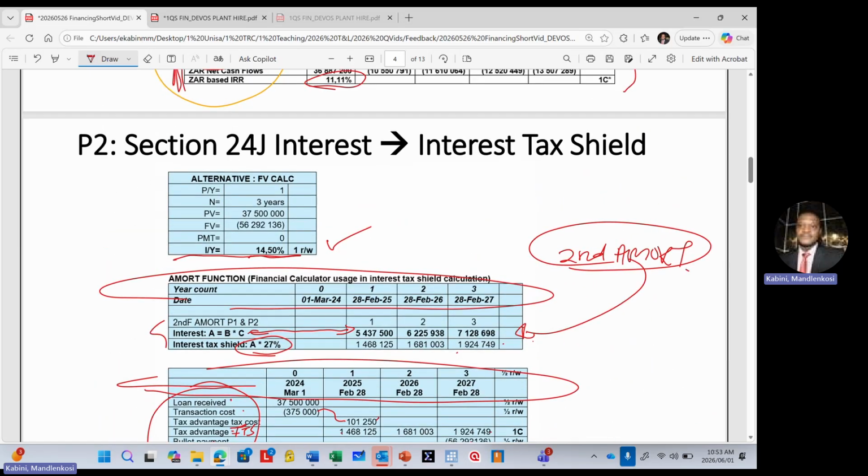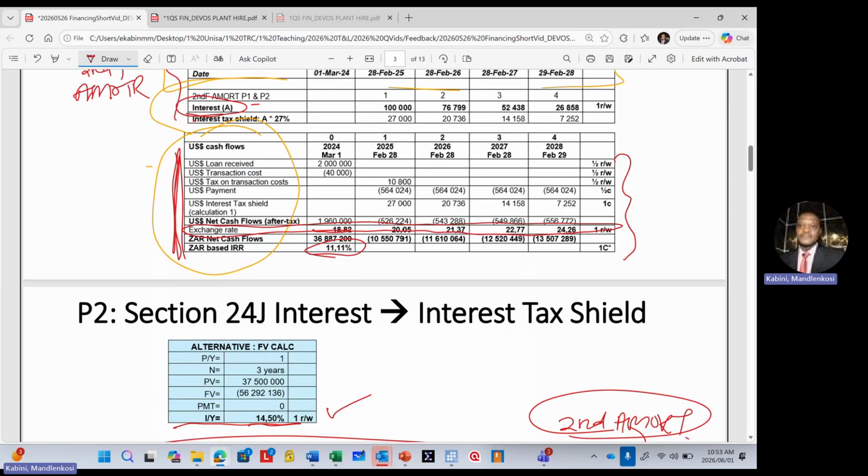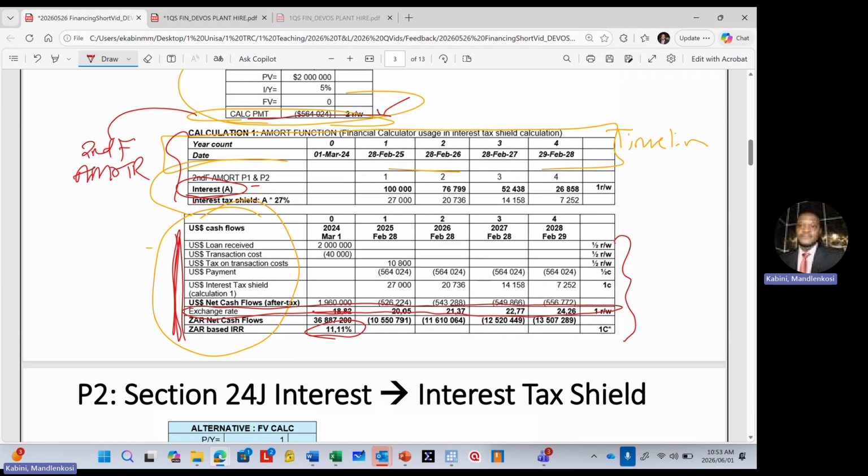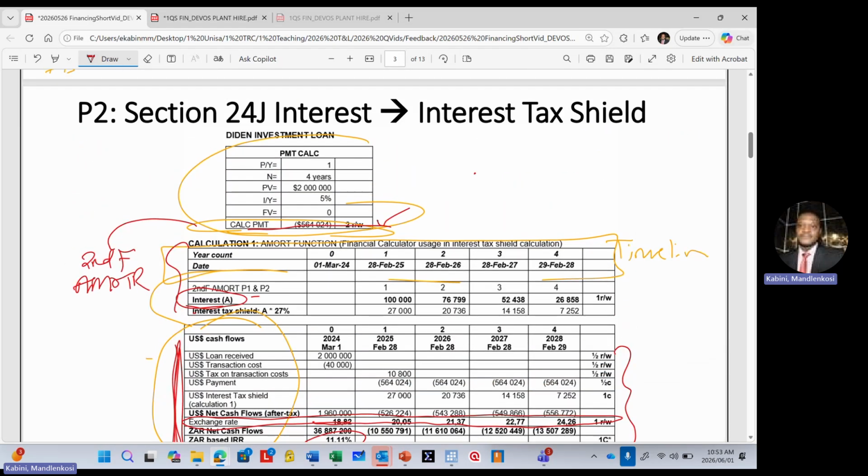Okay. In terms of qualitative analysis, where you do the discussion, there are many considerations that you can look at in comparing the two loans. So that would be your homework. Quantitatively, we selected IRR, which is based on the cash flows in rands, and we were then able to compare the two percentages.